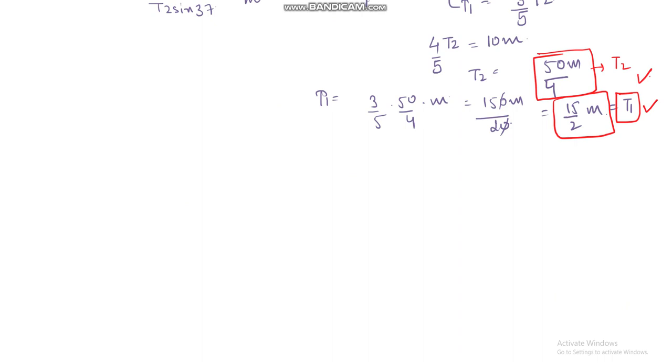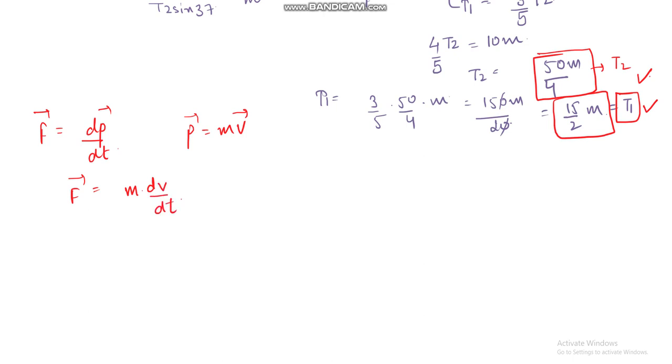Now the next is, we all know F equals dP by dt, where P is momentum, which is mv. So can I write F equals m dv by dt?